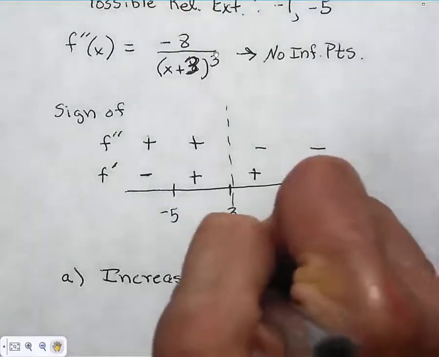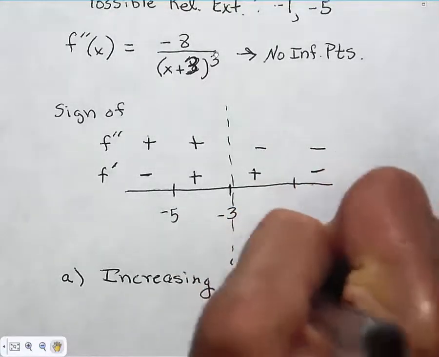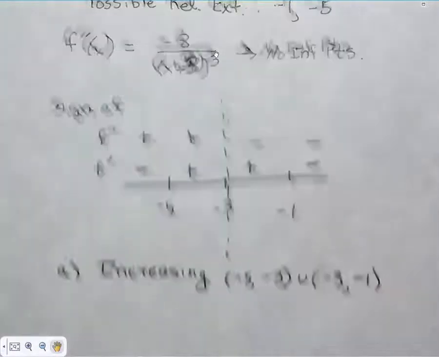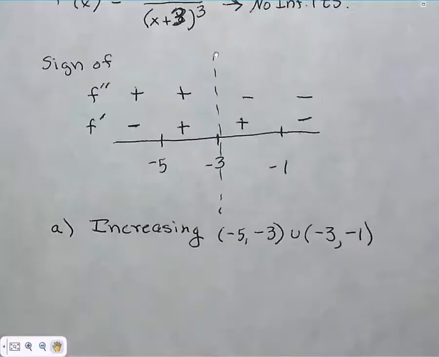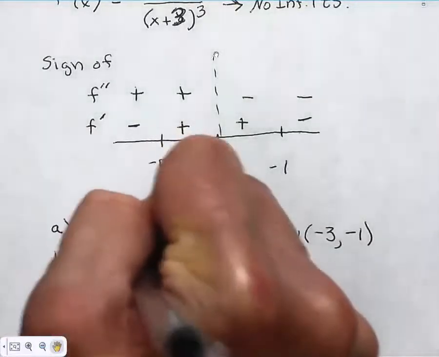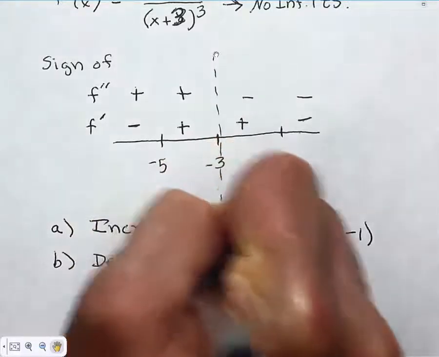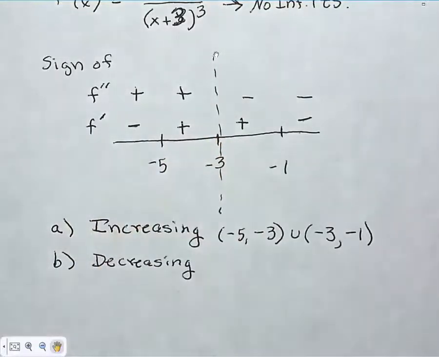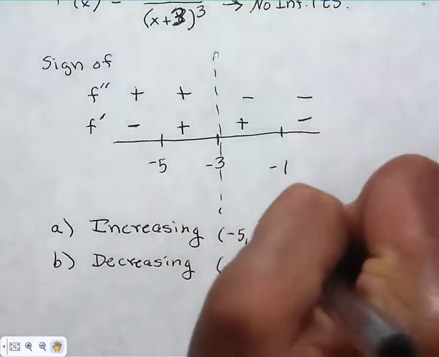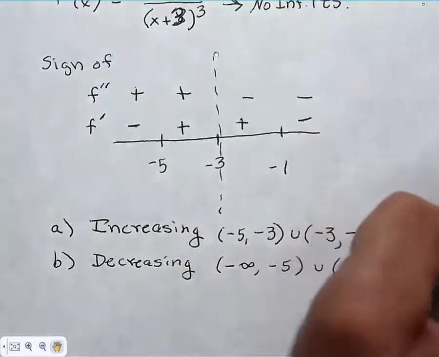I have to say negative 5 to negative 3, and then from negative 3 to negative 1. And then B, it's decreasing. Where? Negative infinity to negative 5 and negative 1 to infinity.